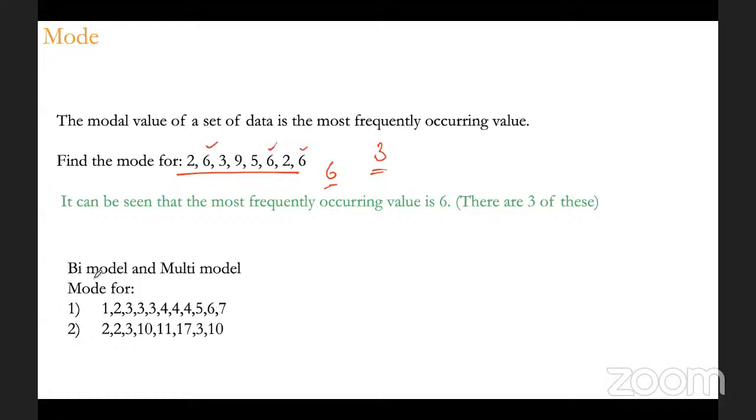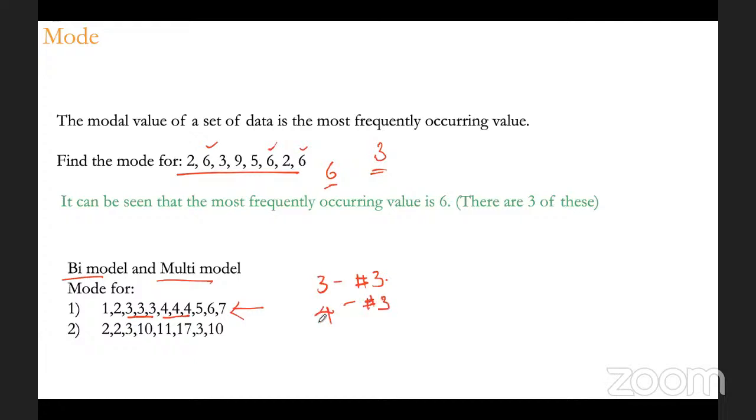And we have bimodal and multimodal data sets. What do you mean by bimodal? More than one element occurs with the same, highest frequency. Just consider this data set. You can see 3 is occurring 3 times, and 4 is also occurring 3 times.